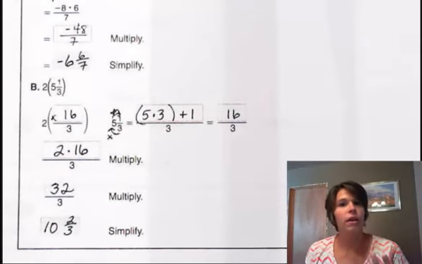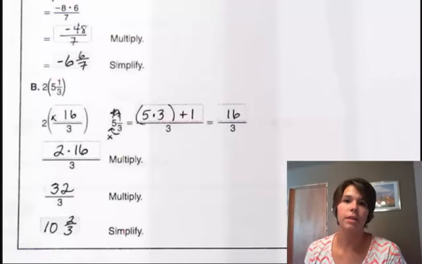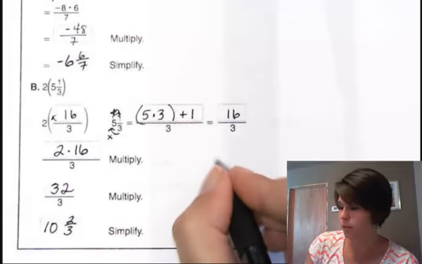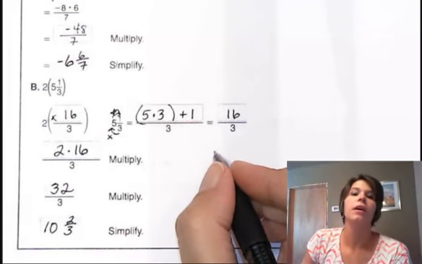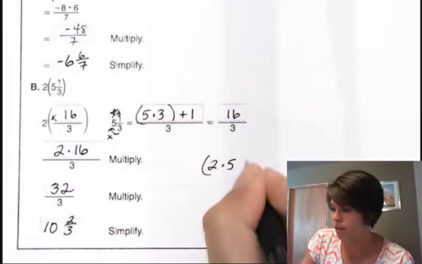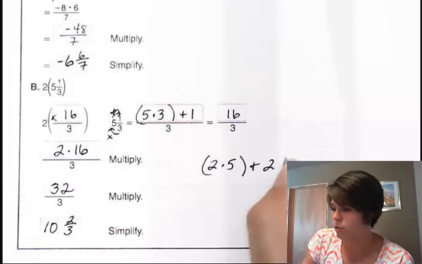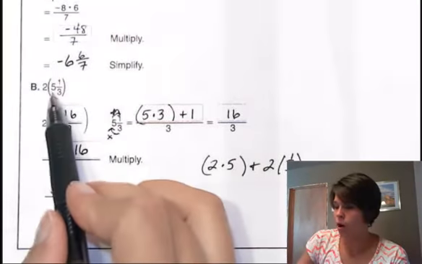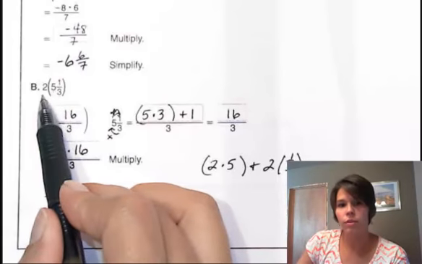Another way to do this, I could have broken it apart, and sometimes that will be easier and other times it won't. In this case, I think this would have been easier. Because of my distributive property, I can multiply in any order. I could do 2 times 5 plus 2 times 1/3. So all I did was break up my mixed number and multiply it by my 2.